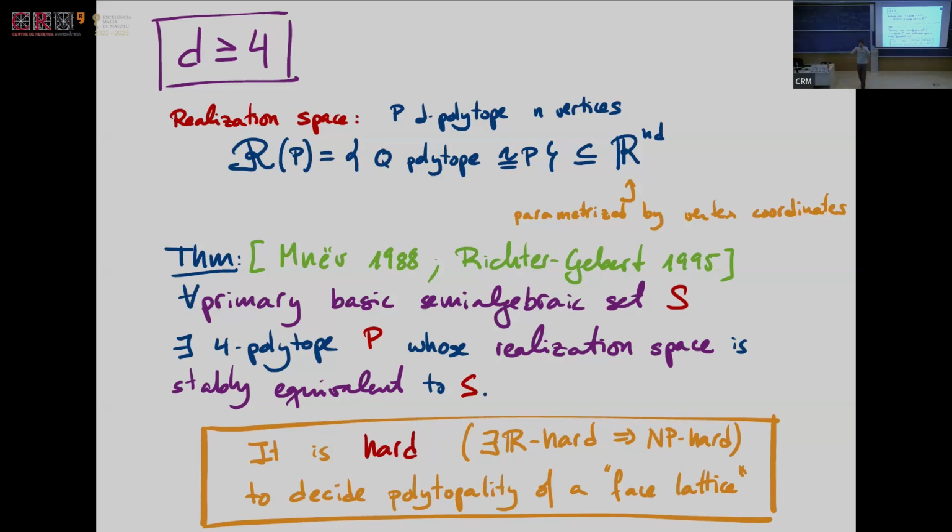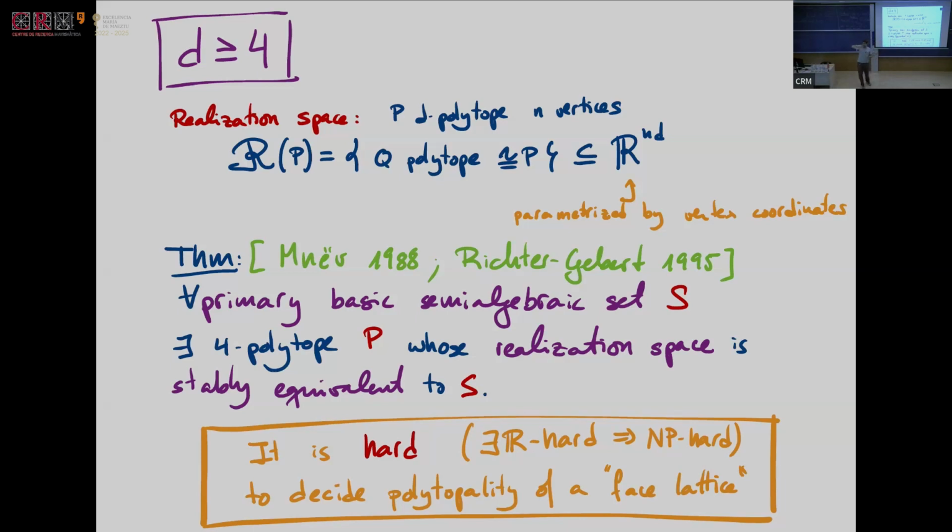Imagine your worst nightmare, the ugliest thing you can imagine. There are some big words, but imagine any semi-algebraic set. There will be one polytope that encodes this semi-algebraic set, in the sense that the realization space will be as ugly as your favorite semi-algebraic set.